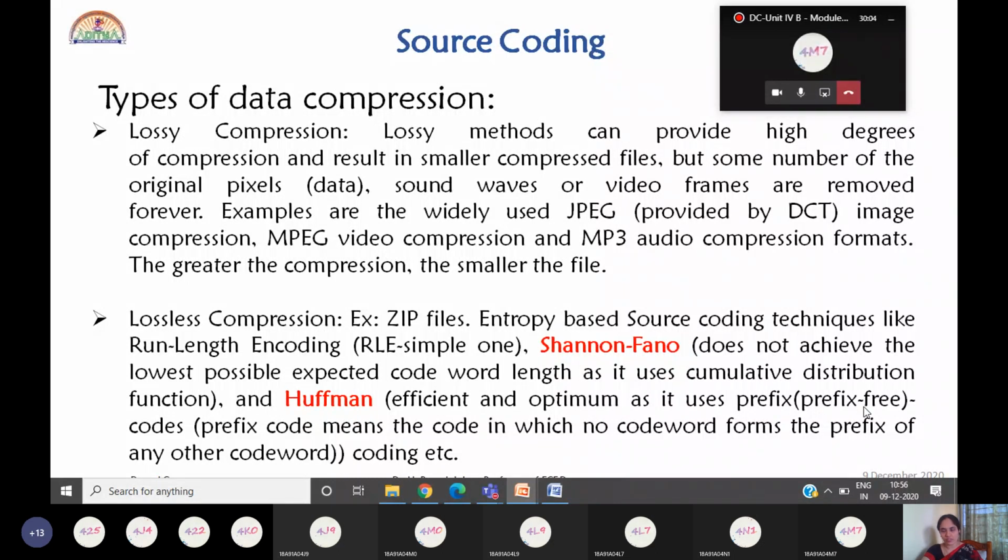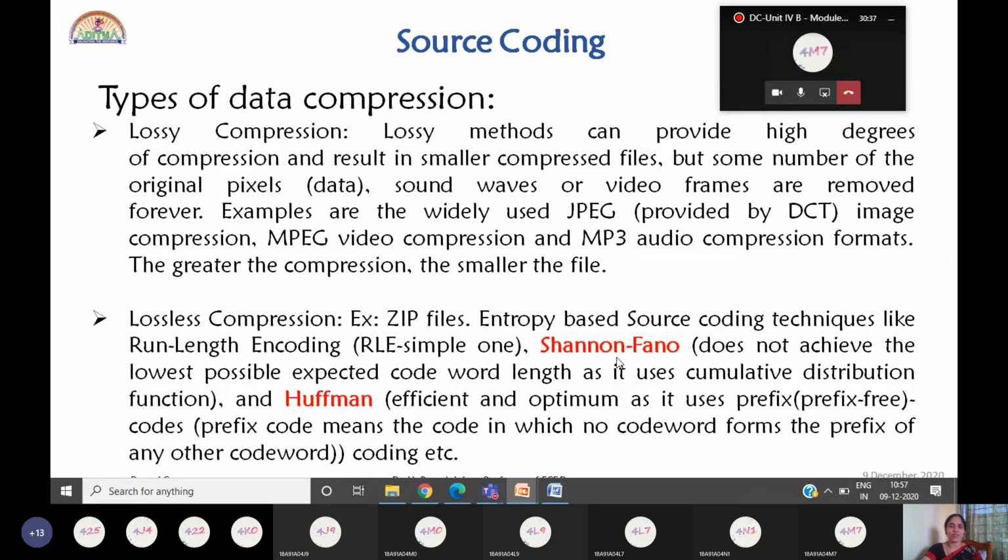You can pronounce it as prefix code or prefix free code, no problem. It means that in a code we generally have multiple code words, and no code word forms the prefix of another code word. Then it is called a prefix free code. The best example is the Huffman coding method. This is the reason Huffman has higher efficiency and is an optimum technique over the Shannon Fano coding method.